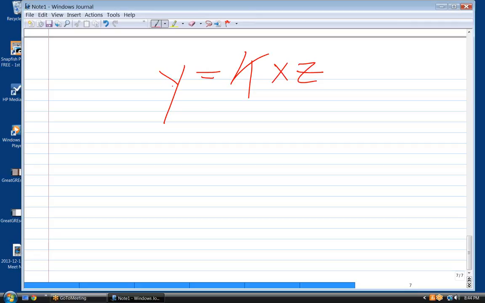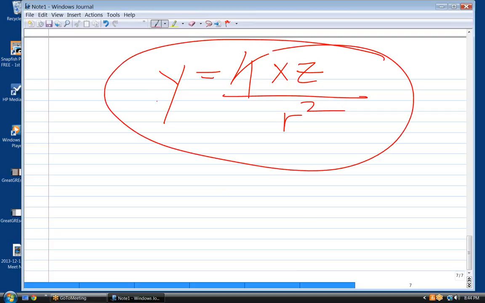If y is directly related to x and z and inversely related to the square of r, that's the general formula. In other words, you don't have to be directly or inversely related to a linear polynomial.